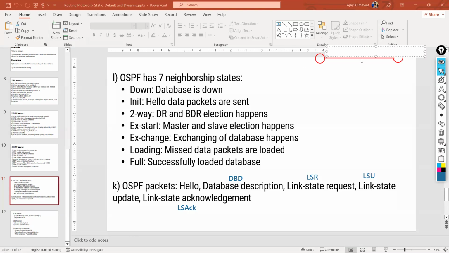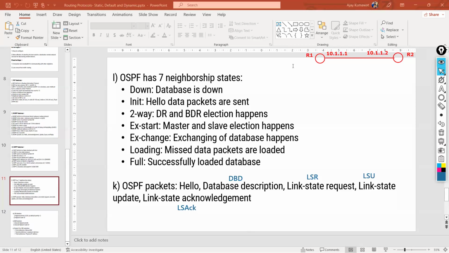Let's say this one has 10.1.1.1, and this one has 10.1.1.2. This is your R1, this one is R2. Now, when you have not configured OSPF, then there will definitely be no neighbor.